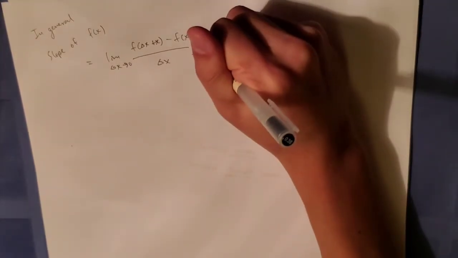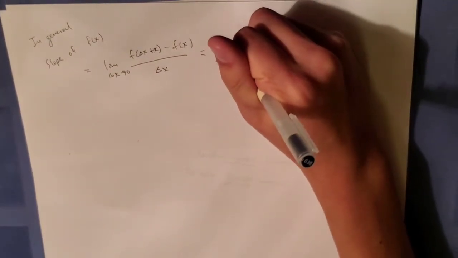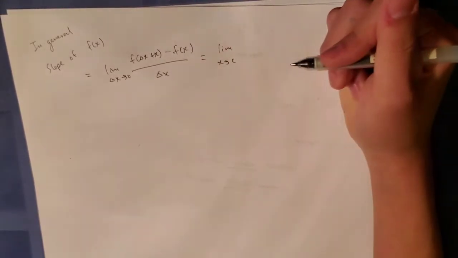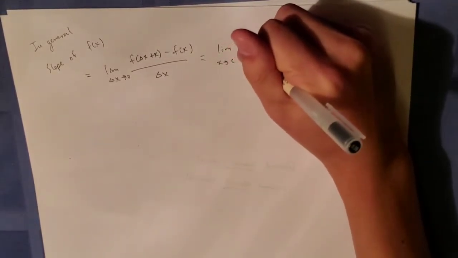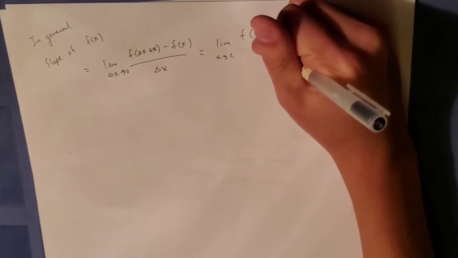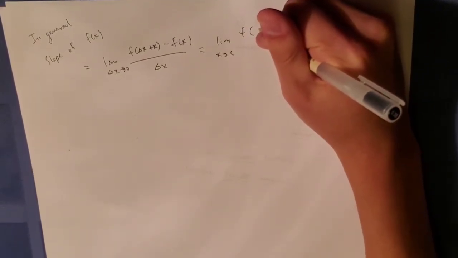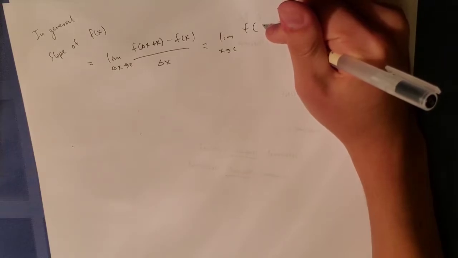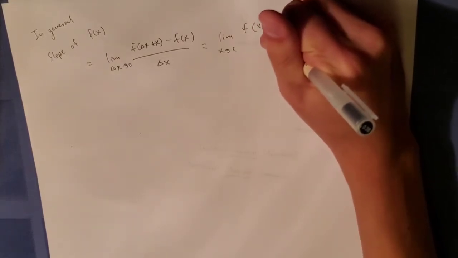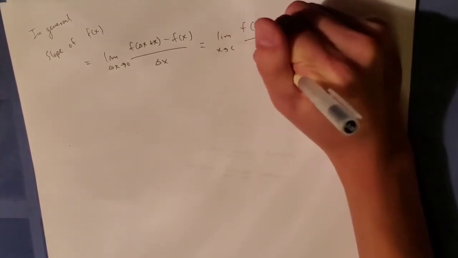However, we could have also done the limit as x approaches a constant c of f of x minus f of c over x minus c.